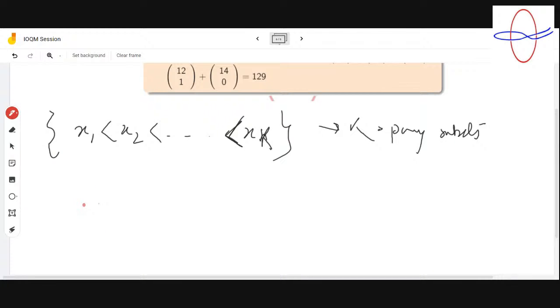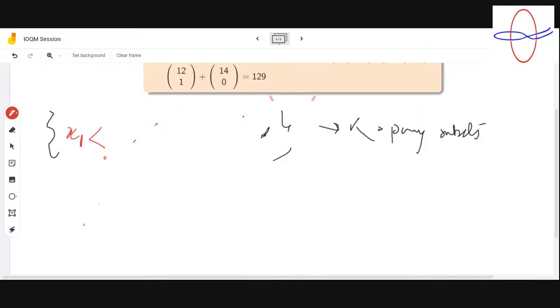Observe that if x1 is the minimum among all of these, what will happen?